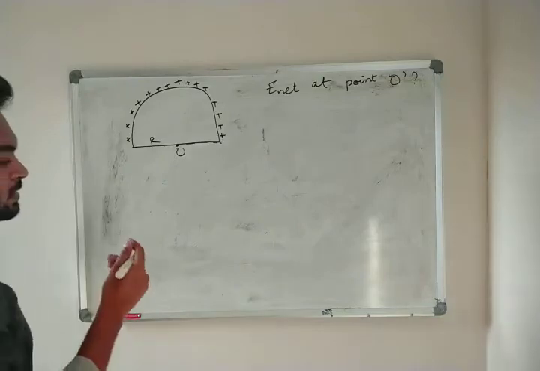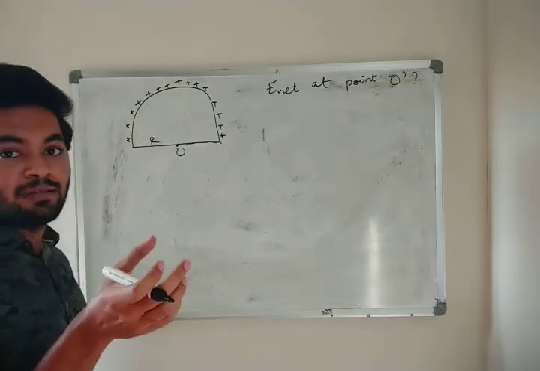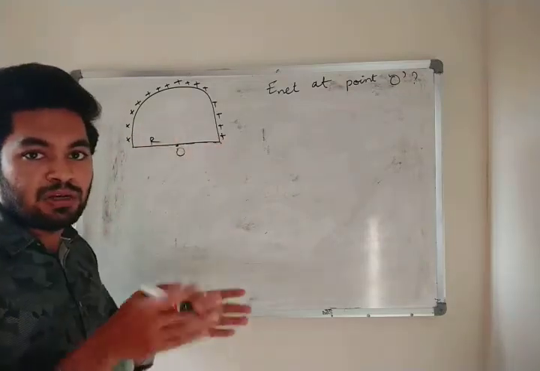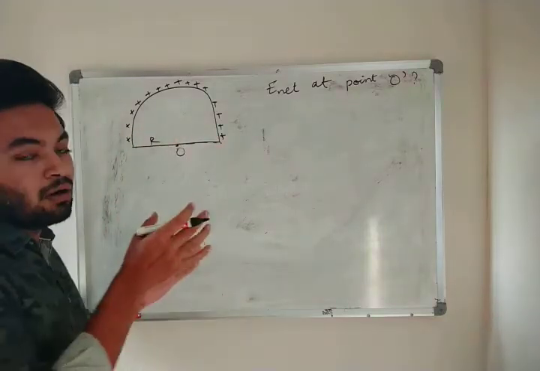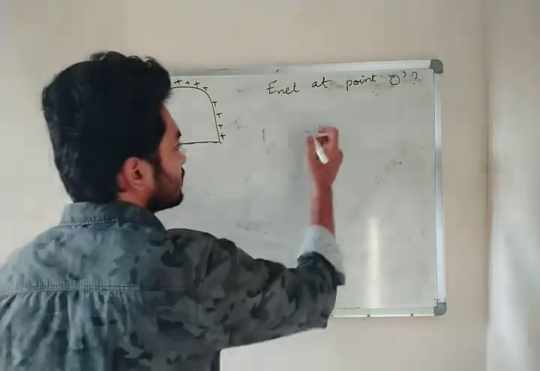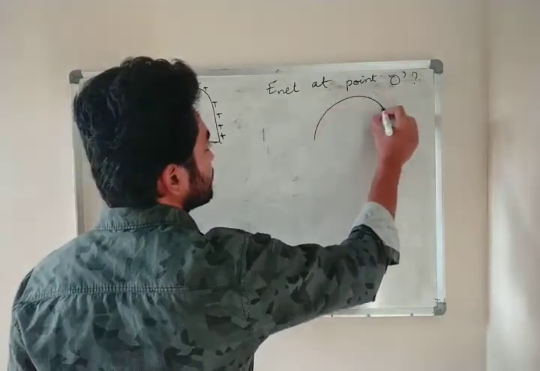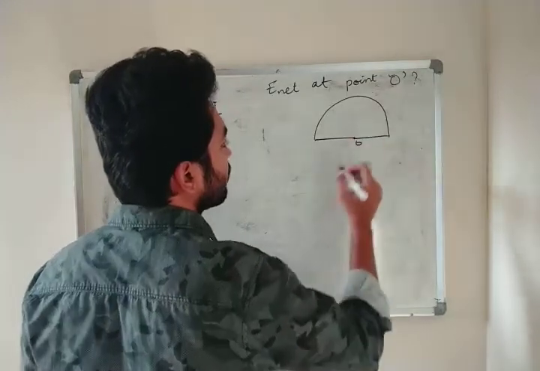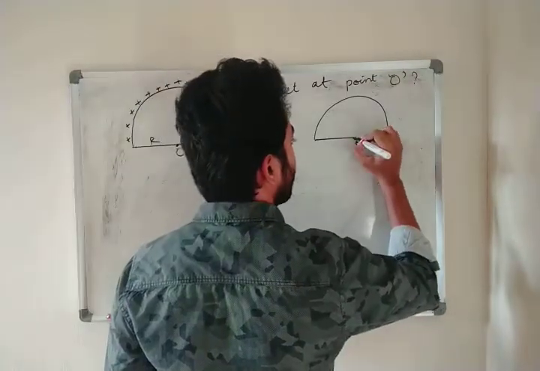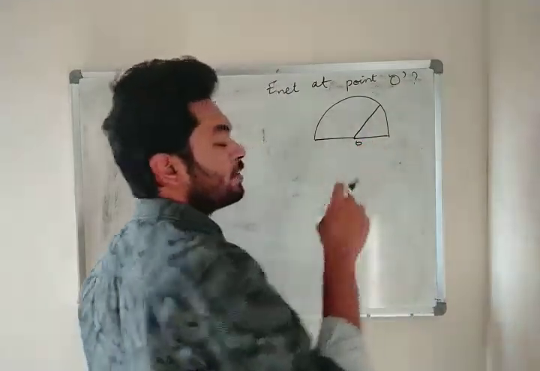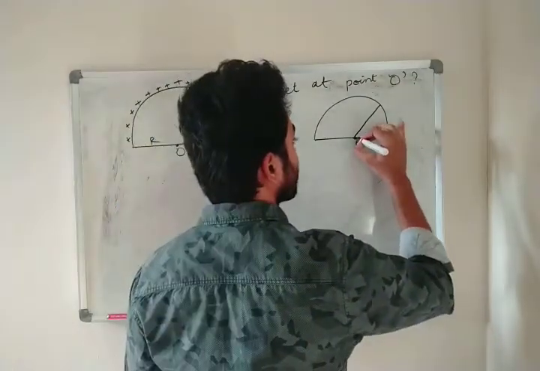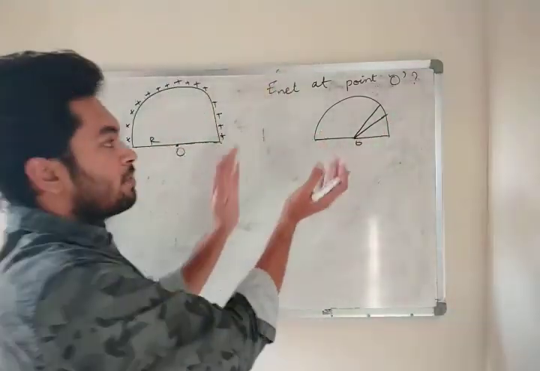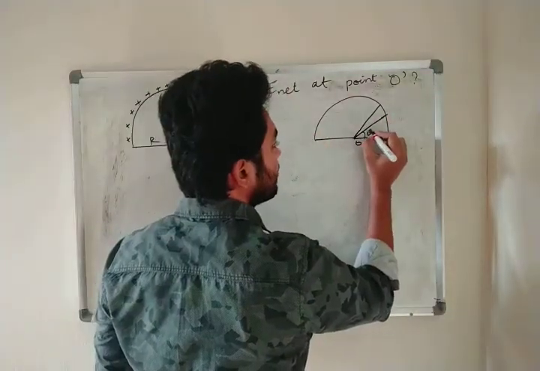So the first step is how to consider a small element. In our previous rectangle we considered two lines, and took some distance, but here how to consider a small element? Let us see. This is my semicircle, this is point O. I am going to take an element at angle theta.